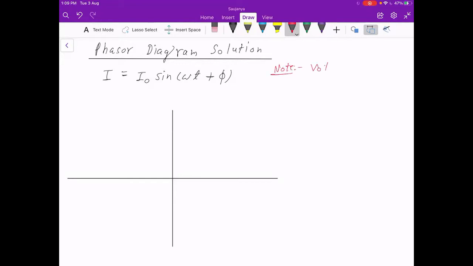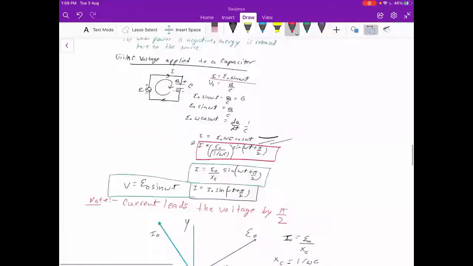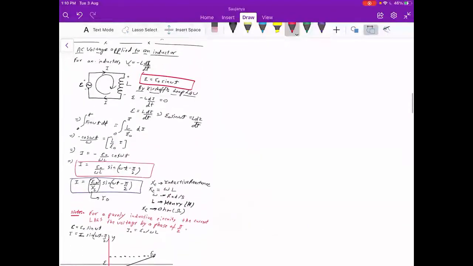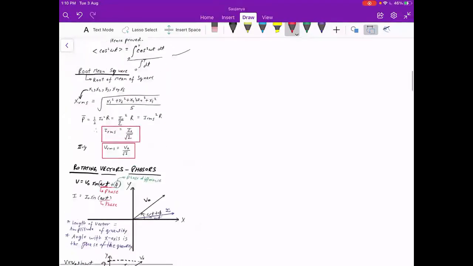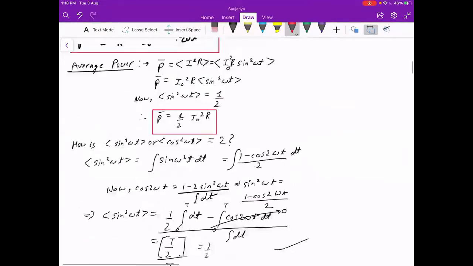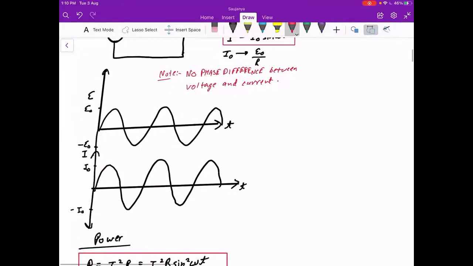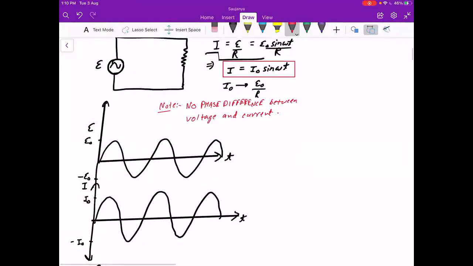Voltage across resistor is in phase with current. The reason is we have seen in the purely resistive circuit right in the beginning that the voltage is in phase with the current. There is no phase difference between voltage and current.